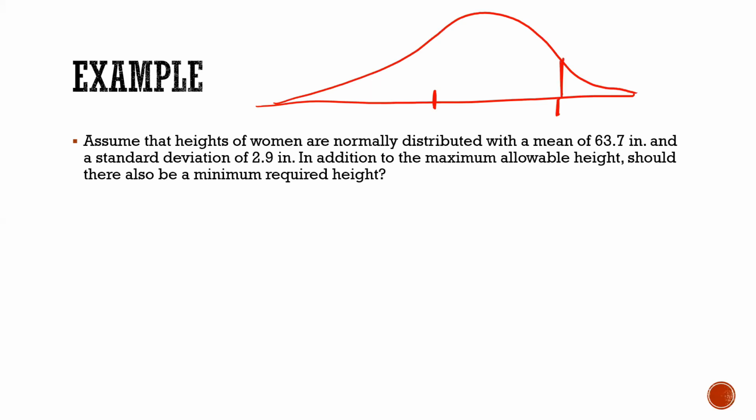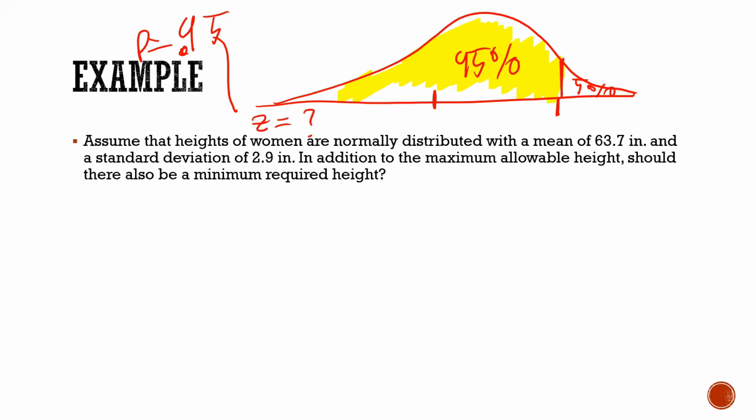Let me show you, because I want 95% to be on the left, and 5% to be on the right. So this is 95. I want this to be 5. So right now, notice I'm going from my p-value, 0.95, to my z-value, which I don't know the value for yet.